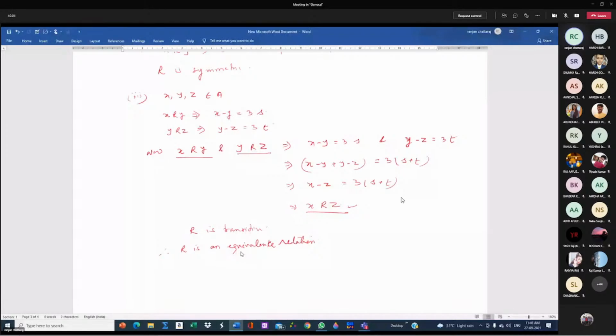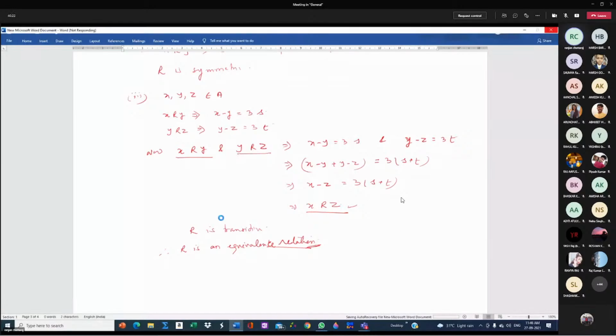R is an equivalence relation. Okay. Now one thing you read, that is the equivalence class. What is the equivalence class?